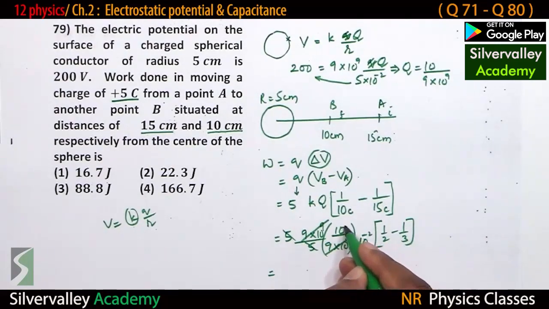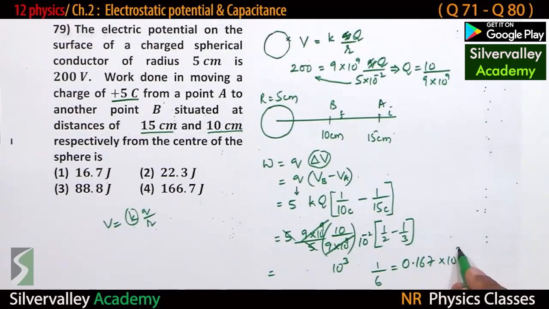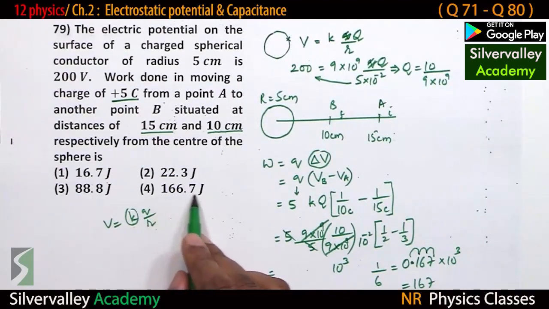So 10 power minus 2 goes to the numerator, 10 power 2, 10 power 1 is 10 power 3. 1 by 6 is 0.167, into 1000 is 167. So 167 is this.